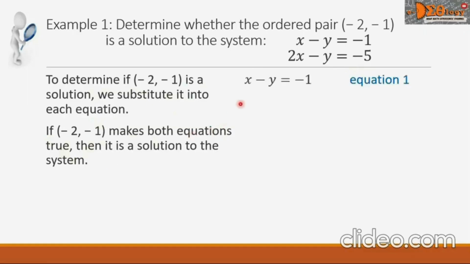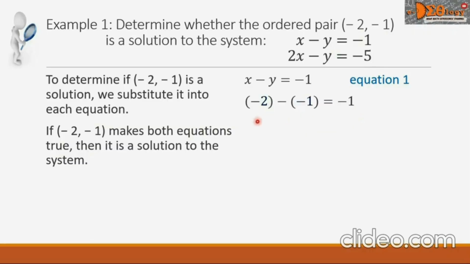Let's take the first equation, x minus y equals -1. Let us now substitute the ordered pair respectively, the -2 to the x and the -1 to the y. So we have now -2 minus (-1) equals -1. Let us simplify.